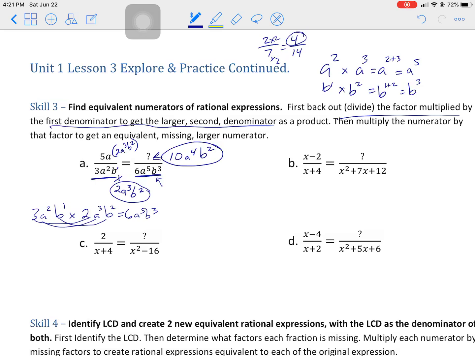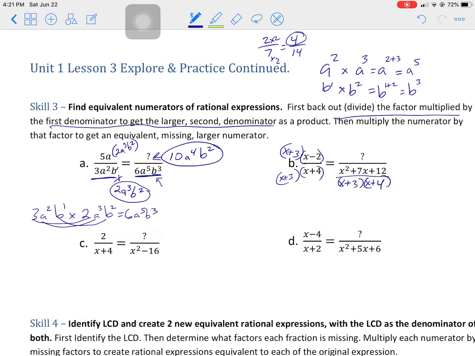We're just making equivalent rational expressions, okay? So what is in this guy over here? This is x plus 3 and x plus 4. All right, what got multiplied by x plus 4 to get this number here? Well, it must have been x plus 3, okay? So whatever's here, you want to multiply by x plus 3.